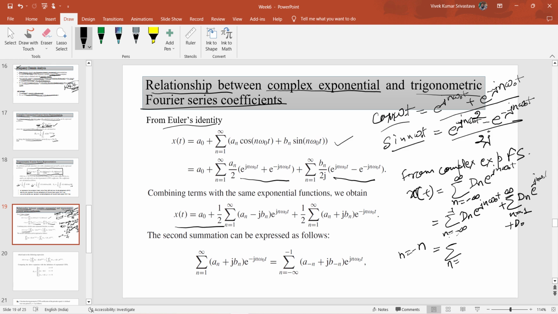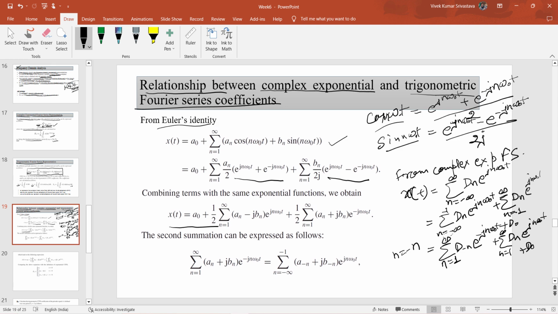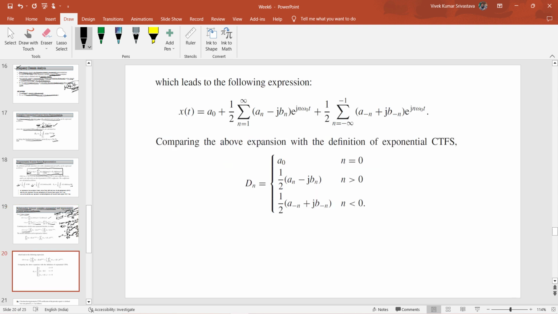So this will be n is equal to 1 to infinity d of minus n e raised to the power minus j n omega naught t plus summation n is equal to 1 to infinity d of n e raised to the power j n omega naught t plus d naught. Okay, so now you can compare these two.